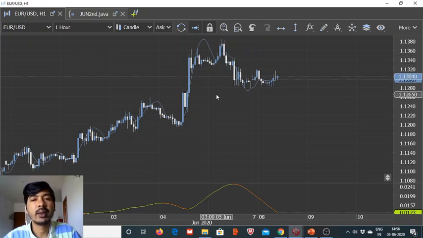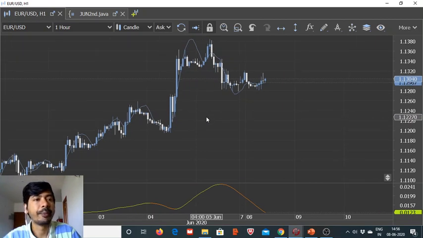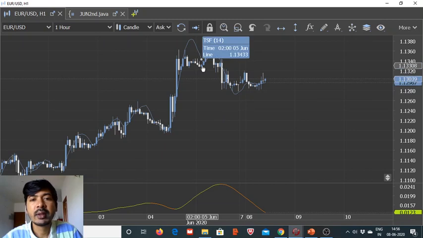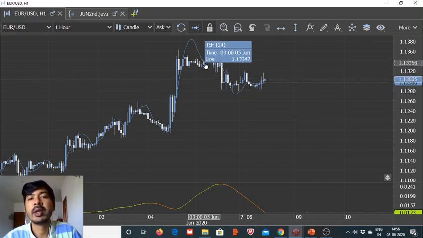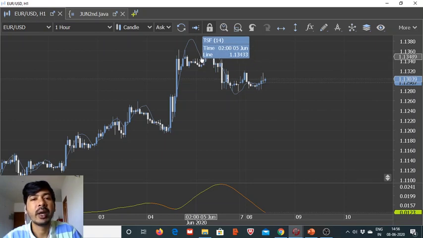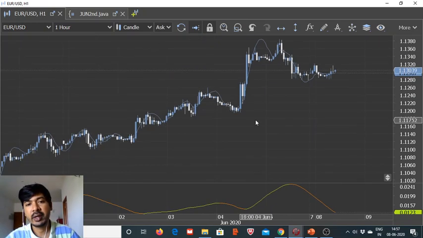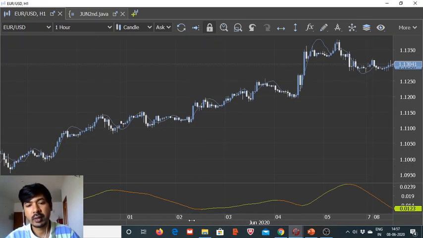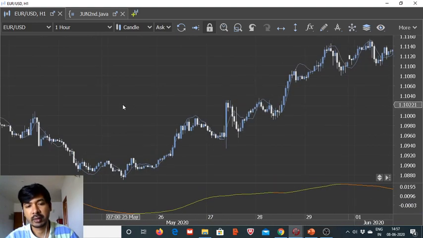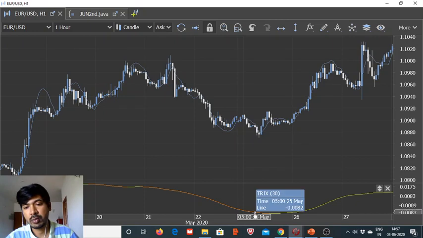So to avoid that kind of situation, we are concerned with these prior values as well, and then we will be taking these historical candles and comparing those closing levels to the TSF. For a sell trade we will need the TRIX values to have been in negative territory, and that has not been the case for quite a while now.